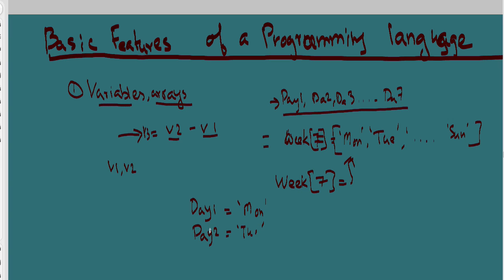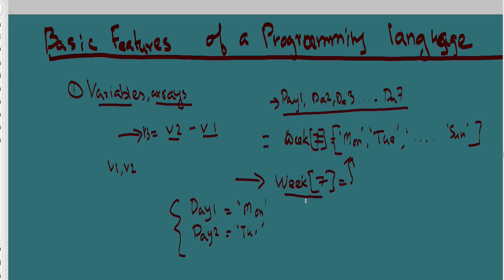So see the difference between defining a variable this way versus this way. It's more efficient because first of all, you are obviating the need of defining day 1, day 2, all the way up to day 7. You are basically just defining one variable called week 7, and then you're storing all the values.